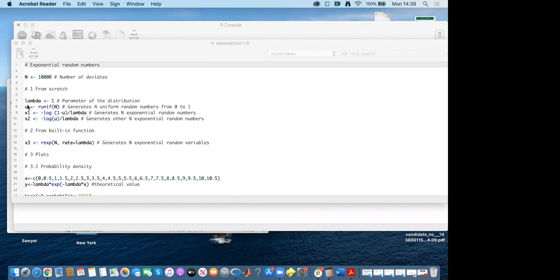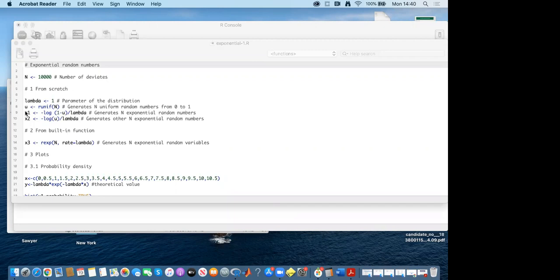And then now you have the generation of 10,000 uniform random variables. And then you use the transformation that we have shown before. So x1 should be 10,000 uniform random numbers transformed into exponential random numbers with lambda equal to 1.